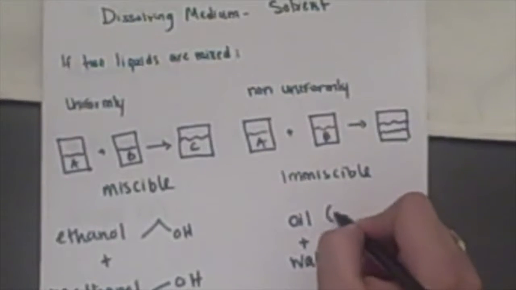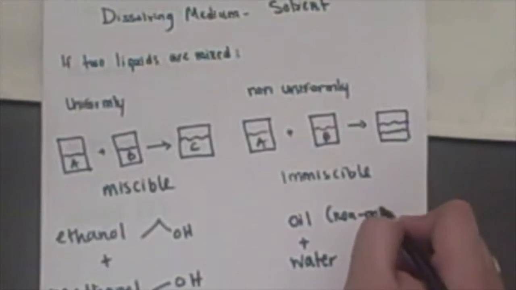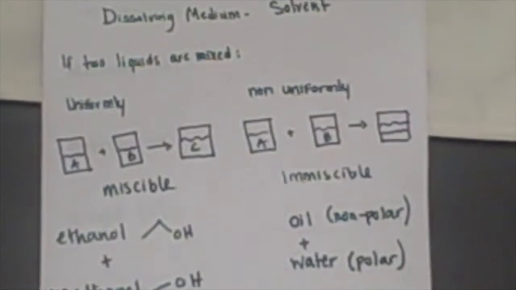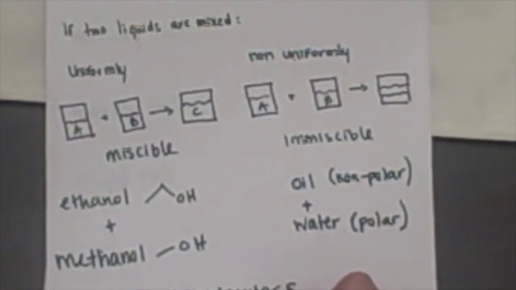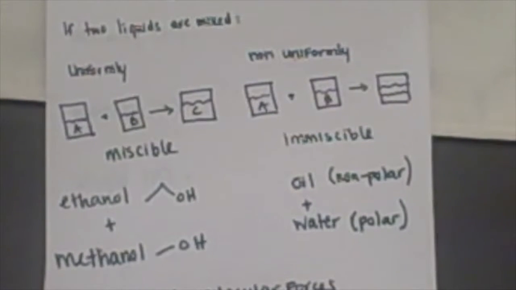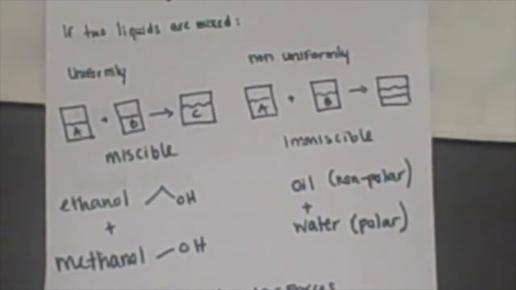As we know, oil is nonpolar and water is polar. So again, due to intermolecular forces, if they have similar intermolecular forces, they are miscible. If they have different intermolecular forces, like we see here, then they are immiscible.